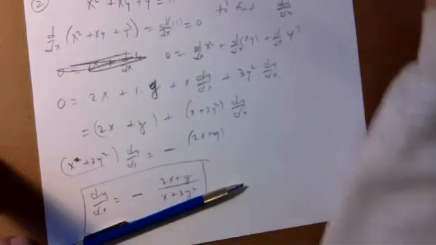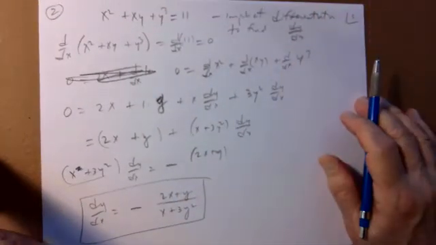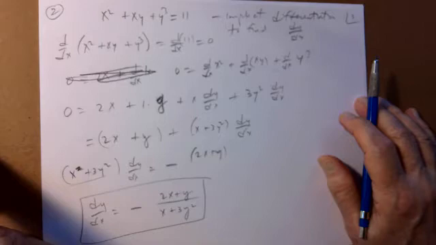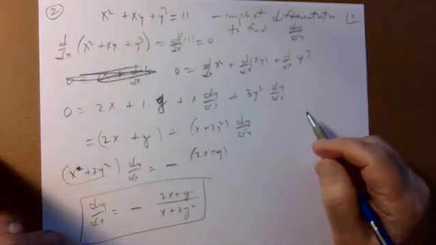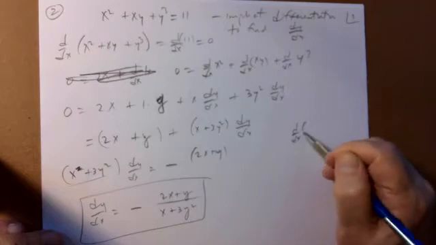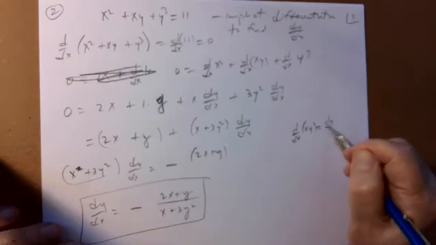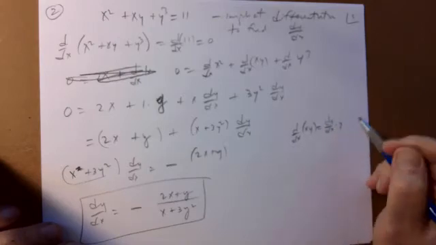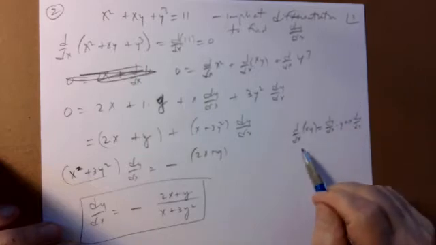Question, Professor. Yeah, go ahead. So what do you mean by dy/dx when you were doing the product x times y? Well, if you have the derivative with respect to x of x times y, by the product rule, that's the derivative of x with respect to x times y plus x times the derivative of y with respect to x.